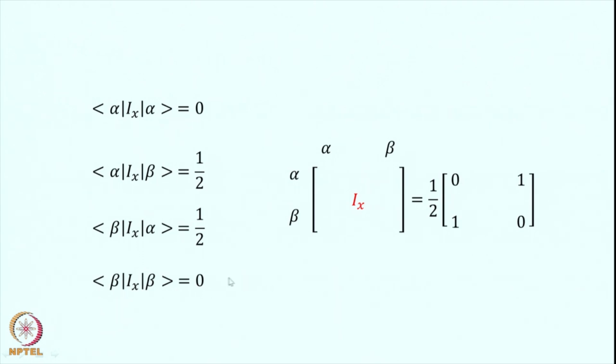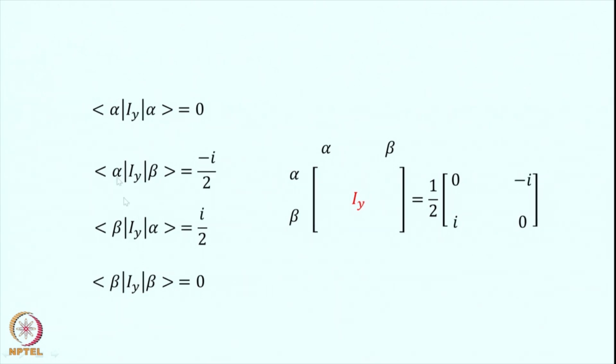Similarly, if I do it for Iy alpha, Iy beta and these ones, now notice here I have an i coming, these are imaginary. So I have 0, minus i by 2, and therefore I have here half, 0, minus i and 0. So this will be the matrix representation of the Iy operator for a single spin half.